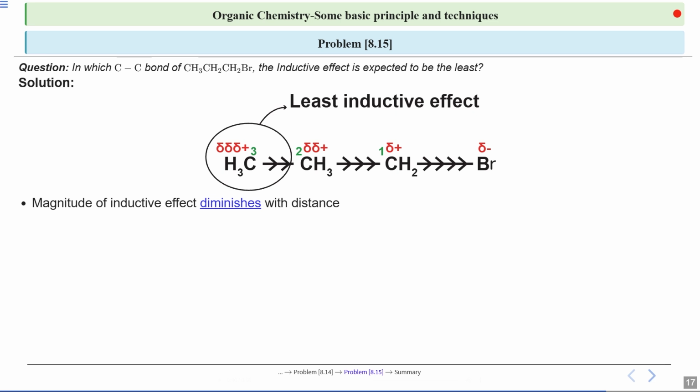Then carbon 2 has a lower positive charge, which is delta delta plus. And in the given molecule, carbon 3 has the least positive charge, which is delta delta delta plus. So we can say finally that the effect of Br on the C3 carbon is least, and hence it will show the least inductive effect.